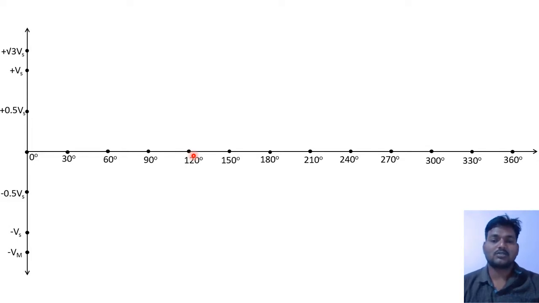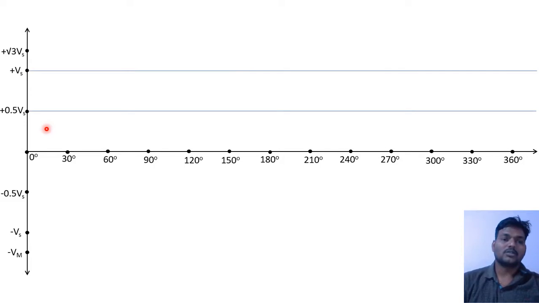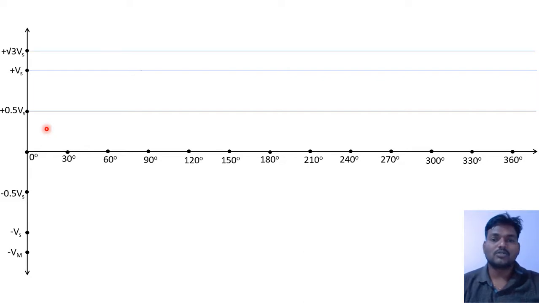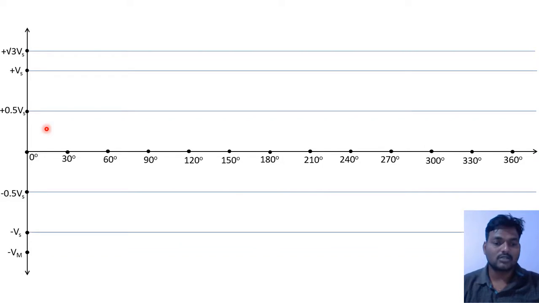and 360. Okay, and then now you draw a horizontal line from 0.5 Vs parallel to this original horizontal line. Similarly from Vs you draw a horizontal line, and from root 3 Vs also you draw a horizontal line. Below the horizontal line also you draw like this.